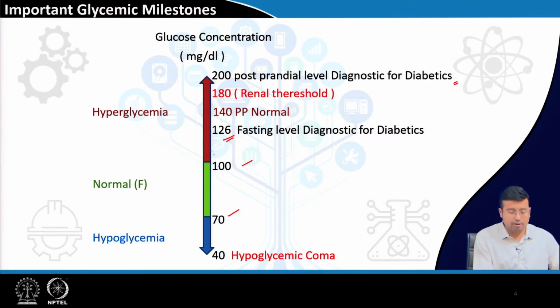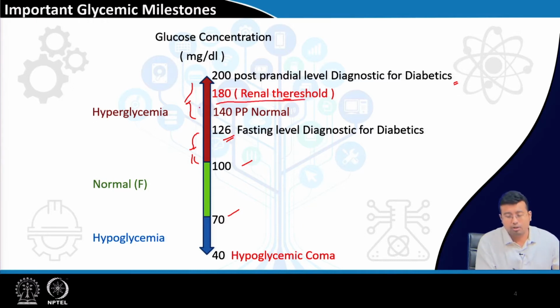So, anything above 100 to 126 for fasting and 140 to 199 for postprandial is actually a pre-diabetic state.